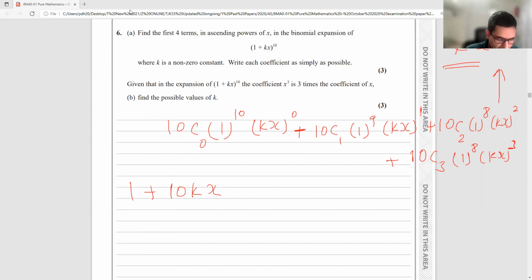Right, okay guys, we got 1 plus kx, then we got plus 45x square k square, I think what people wrote, plus 120x cube k cube.